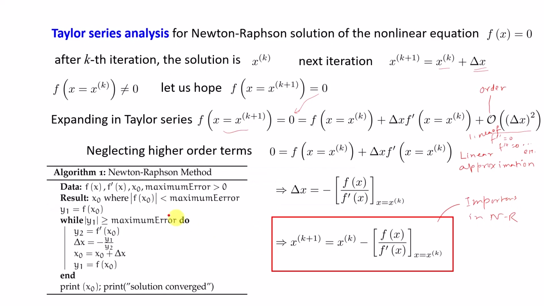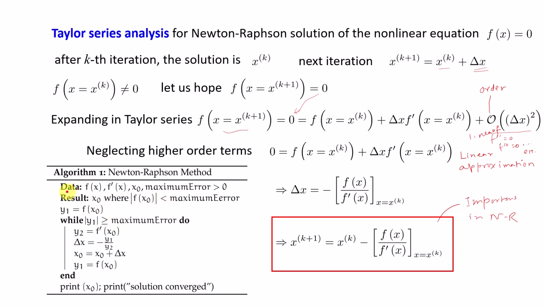So now you see, this is a pseudocode, or what we also call an algorithm, for the Newton-Raphson method. We don't know the pseudocode or algorithm yet, and it will be discussed next week. But as I mentioned before, a pseudocode is basically a computer program that is written in our own language.